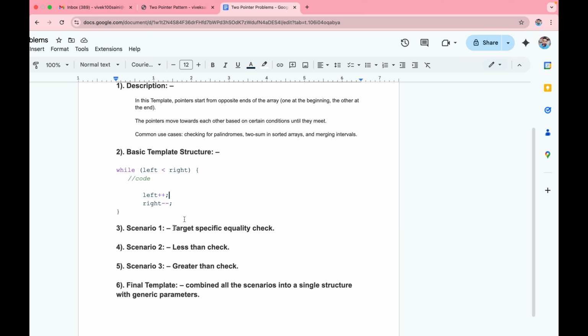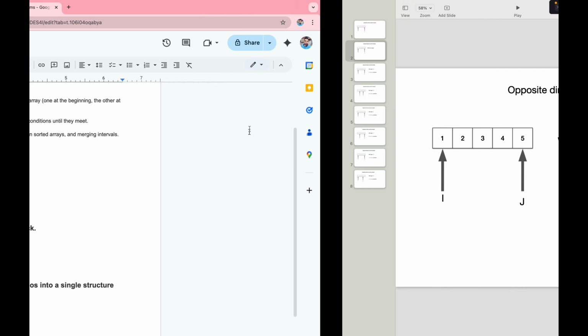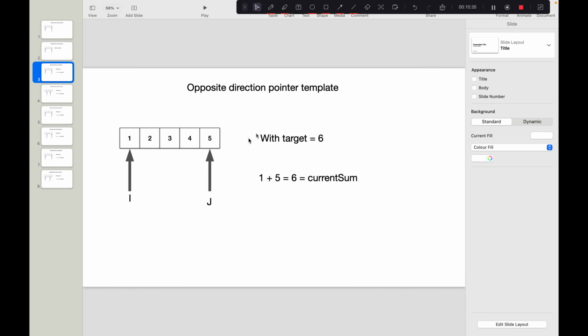Then we have the target related thing. Let's say we have a target, so I need to check it. I'm checking equality. In that case, this will be my scenario number one. I need to move to the next slide. Here we have a target and the target is 6.